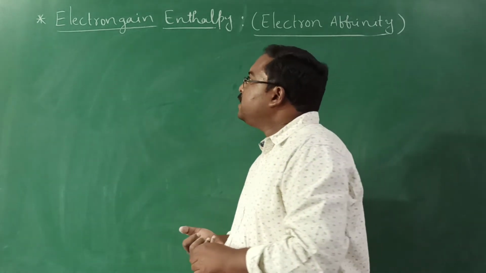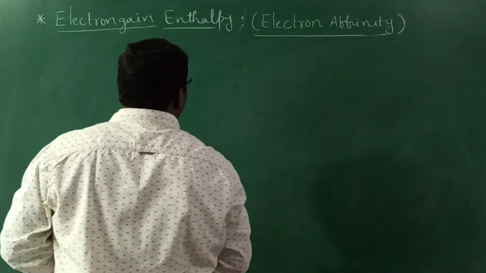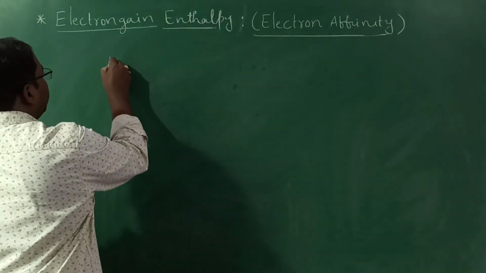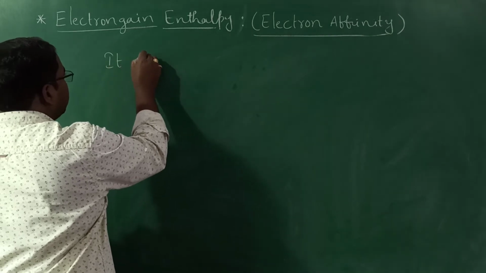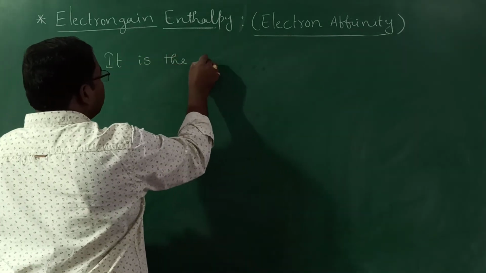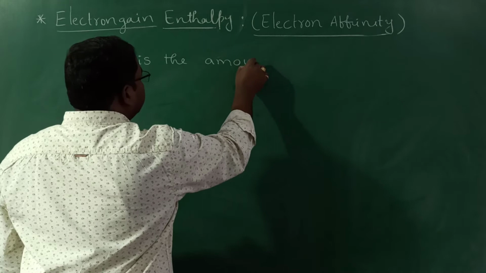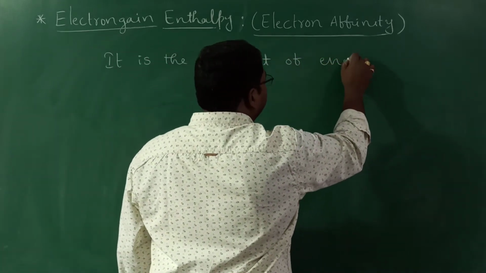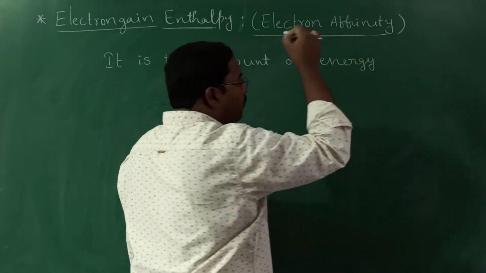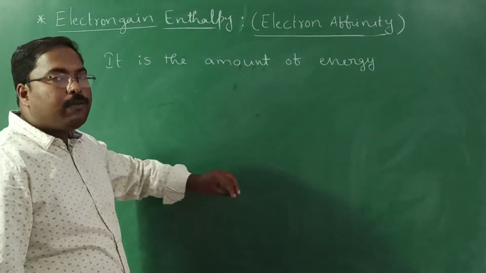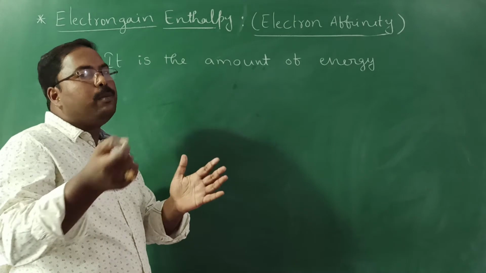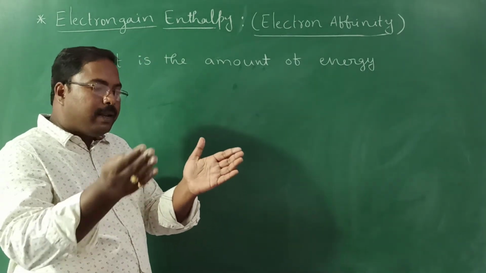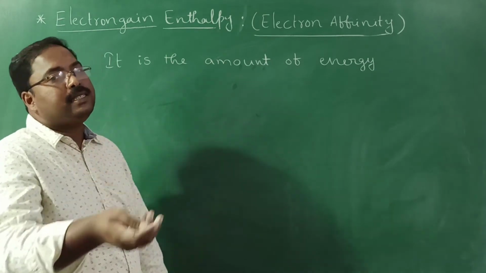First note down the definition for electron gain enthalpy or electron affinity. It is the amount of energy. In the case of ionization potential, it is the amount of energy required to remove an electron, but when an electron is added, energy is released.